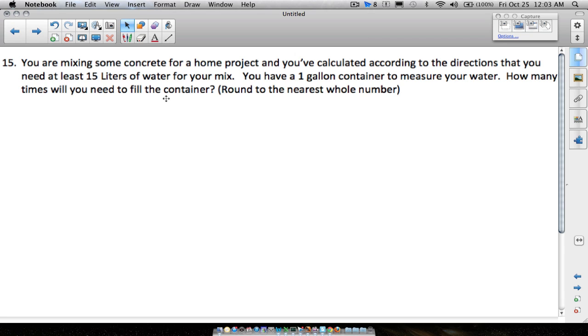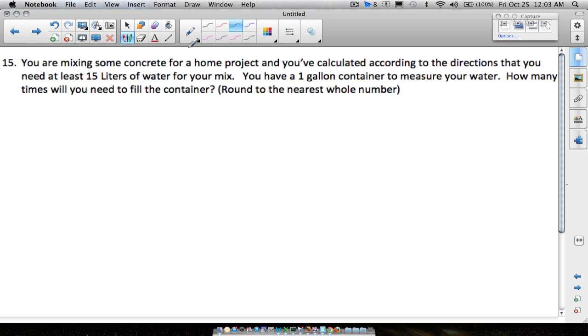You have to mix water with it so it settles and becomes concrete, so you can walk on it or put posts in the ground and hold them there. You have a 1 gallon container to measure your water. How many times will you need to fill the container? Round to the nearest whole number.